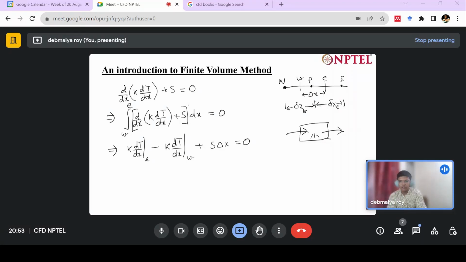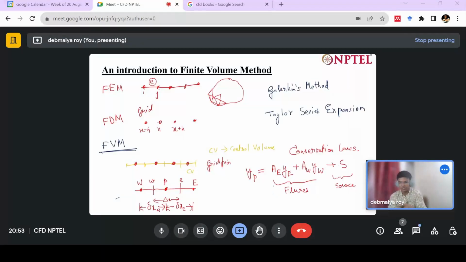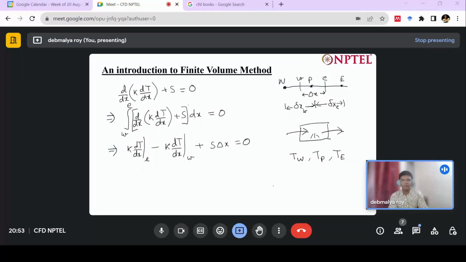Now our task is to find this dT/dx at E and dT/dx at W in terms of TE, TW, and TP, right? Otherwise, how will we get this algebraic type equation? We need to find this algebraic equation, which we can assemble to form a matrix, like we did in the finite element method, and then calculate the inverse of the matrix and find out the values. Okay.